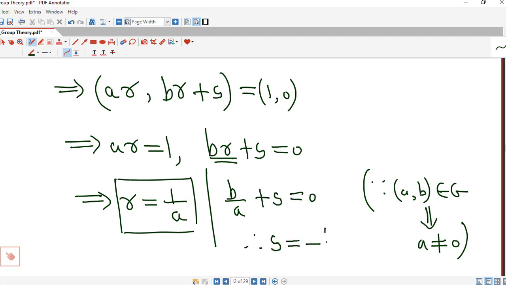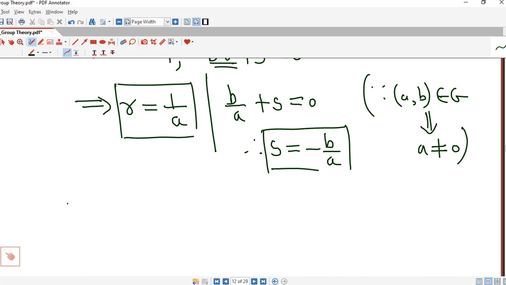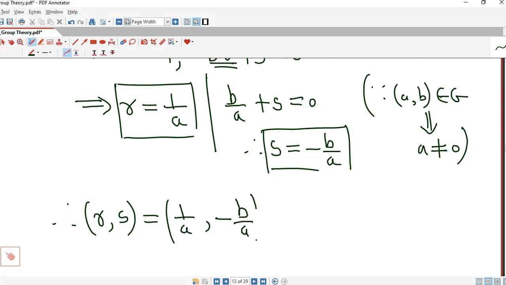Therefore S equals minus B by A. So this element (1 by A, minus B by A) is an inverse of the ordered pair (A,B) in G.